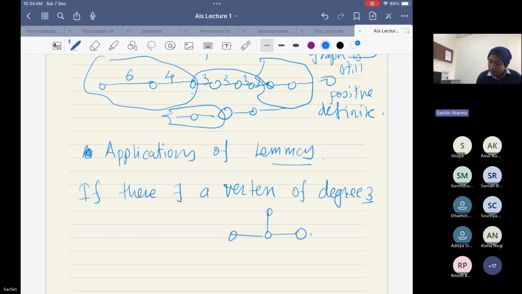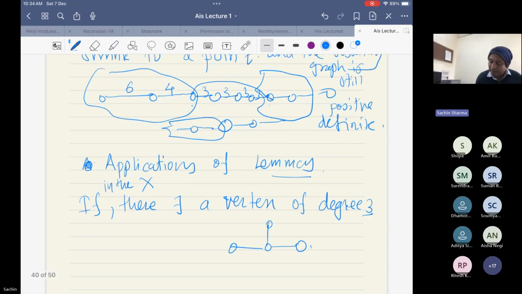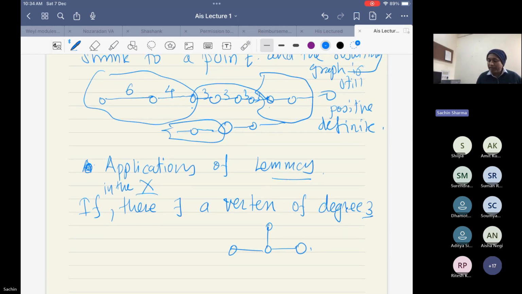Application: if in the Coxeter graph X there is a vertex of degree less than 3, then you will have only a simply laced graph there.